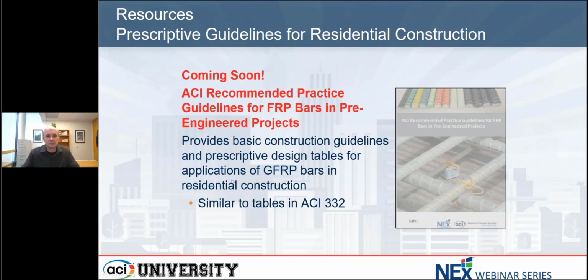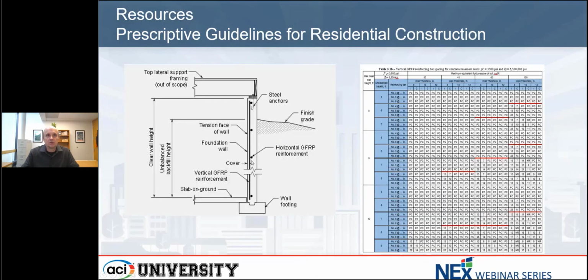Residential construction happens to be a really common use of FRP now because it is so much easier to use than steel reinforcement. It has gained a lot of use in residential construction. But we've also included in this manual a lot of prescriptive design tables for use in common residential applications. So things like below grade concrete walls.